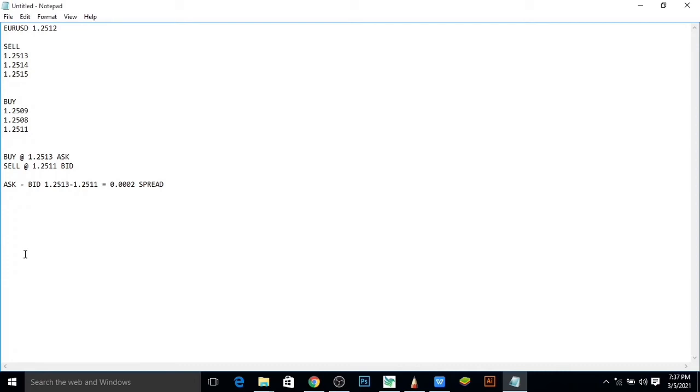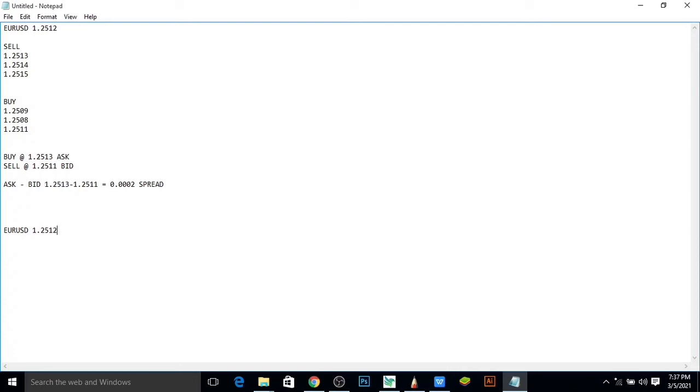You just need to understand for now that a pip is the smallest unit of price movement. What do we mean by this? Let's use the Euro dollar example. The price of Euro dollar is 1.2512.